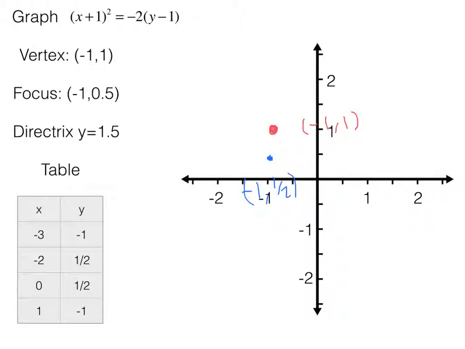Plot the other points from the table. Connect the parabola. And then finally, we are going to put the directrix onto our graph, and that's going to be a horizontal line at y equals 1.5.